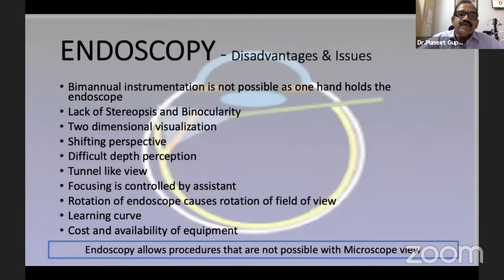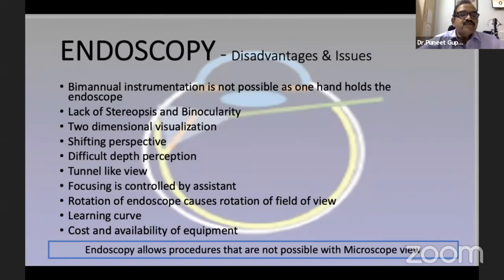There are some issues with endoscopy, as we have discussed in the earlier talks also. The bimanual instrumentation is not possible, as one of your hands holds the endoscope. And in trauma cases, sometimes bimanual instrumentation becomes very much needed. Lack of stereopsis and binocularity is an issue. The view is 2-dimensional and not a 3-dimensional view, so the surgery becomes a little difficult.